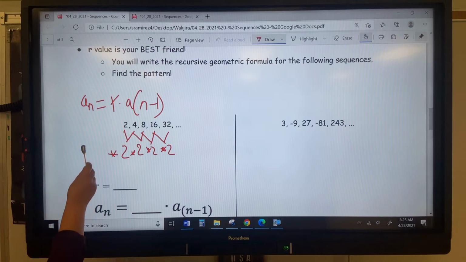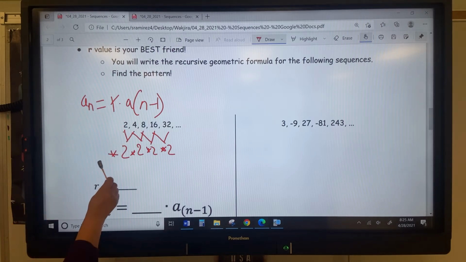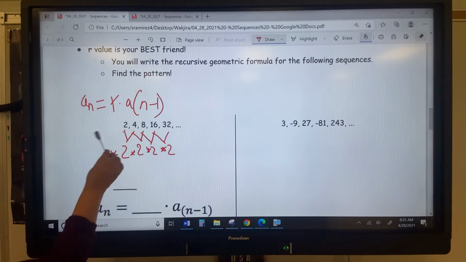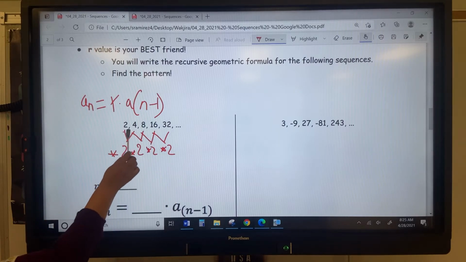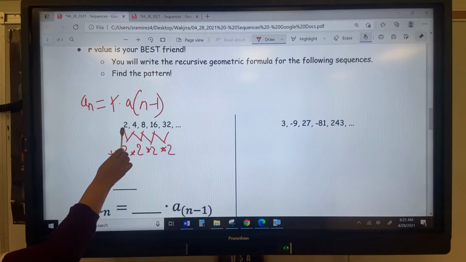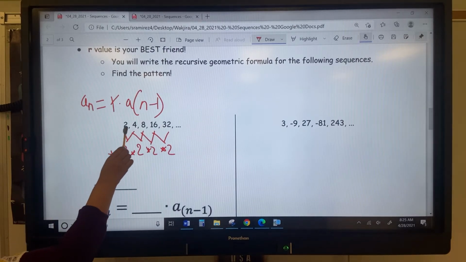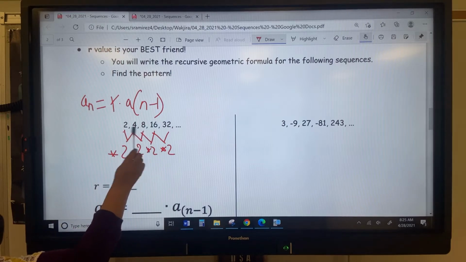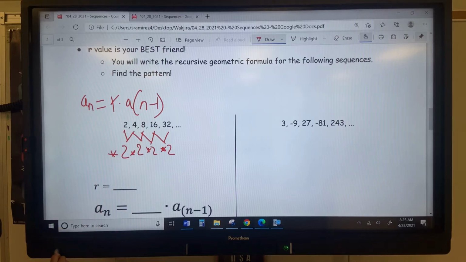So now when you see the formula, we get 2 all the way. All the sequence multiplies by 2. 2 times 2 is 4. 4 times 2 is 8. 8 times 2 is 16. 16 times 2 is 32. So our R is 2.